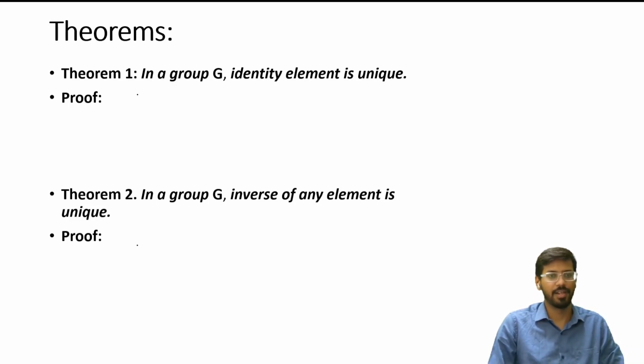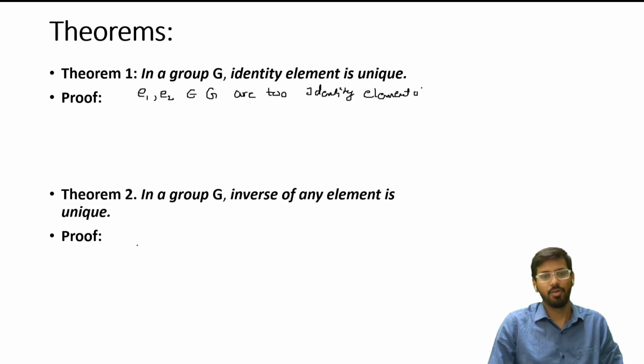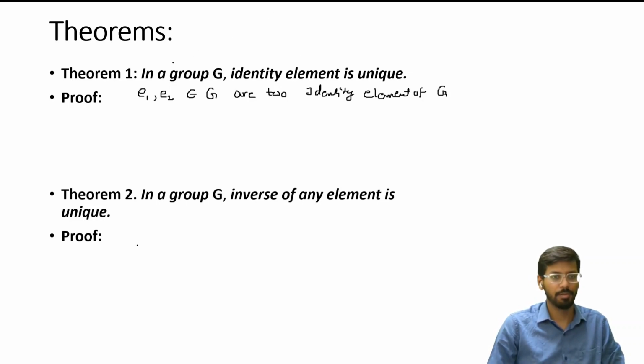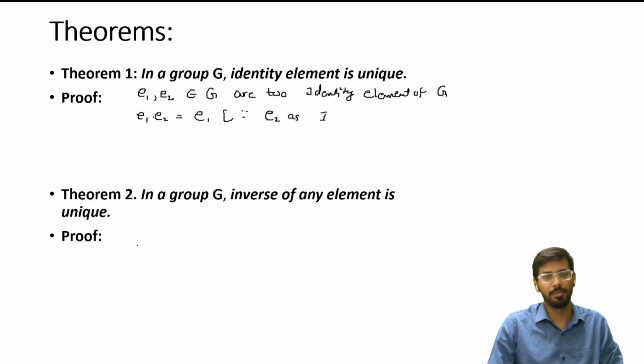Suppose we take two identity elements E1 and E2 that belong to some group G, are two identity elements of G. अगर हम ग्रुप G के दो एलिमेंट लेते हैं E1 E2 जो आइडेंटिटी एलिमेंट है, suppose these are two different identity elements, then by the identity property we can say E1 dot E2 should be equal to E1 when we take E2 as an identity element.